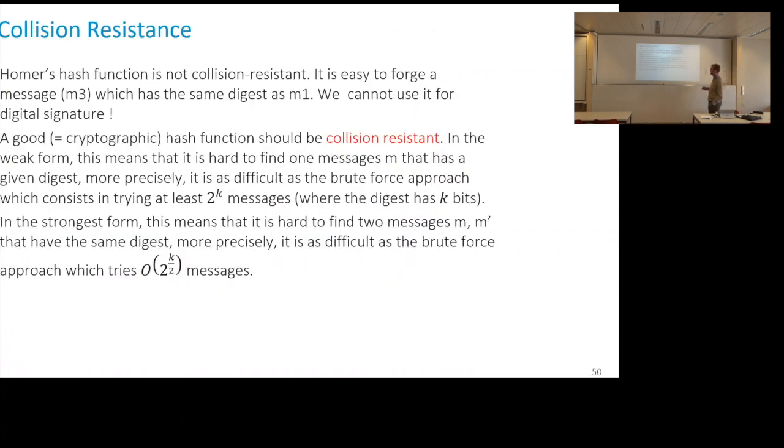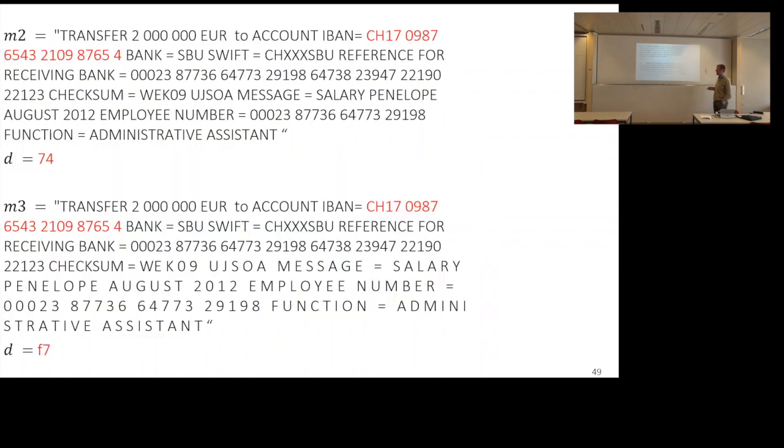So that is an example of non-collision resistance. A good hash system should not allow this, should not be able to create two messages with the same hash. Because no matter how strong my RSA will be, when I compute the signature of the hash, if I sign this message here, it will be correctly signed.